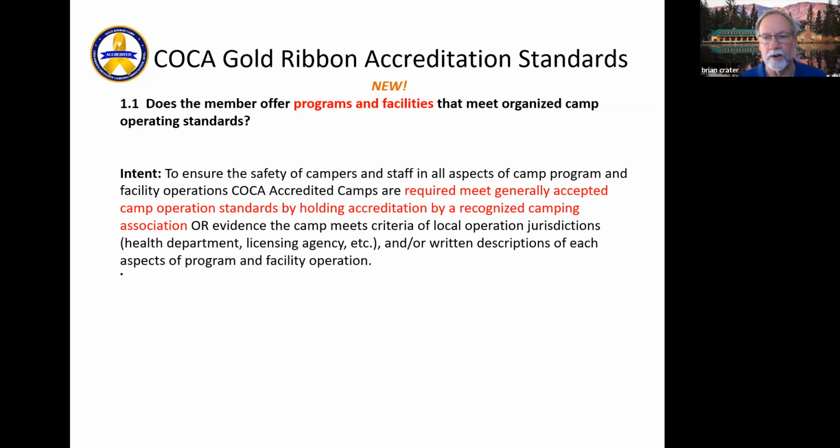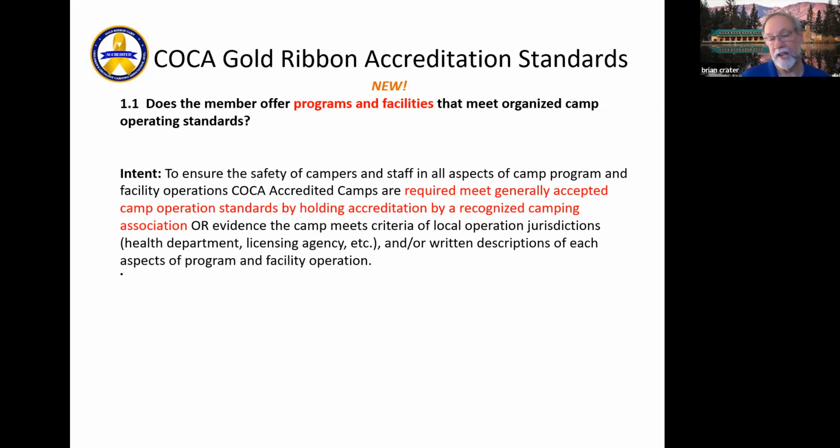Just to let you all be aware, in definitions we have defined what a recognized camp association is. Those include the American Camp Association and Canadian camp associations. So if they hold accreditation from those and it covers both their programs and their facilities, then they are compliant.